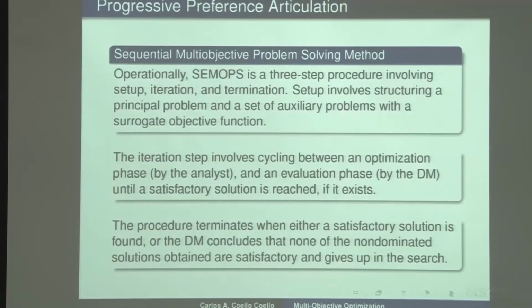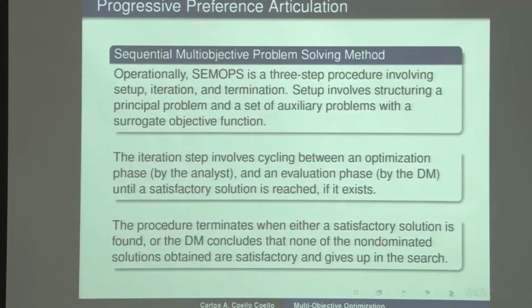So it operates using a 3-step procedure that involves a setup, an iteration, and a termination process. So setup is basically structuring the problem and several auxiliary problems that you have to solve. And for this, it uses a surrogate objective function. Iteration involves cycling between an optimization and an evaluation phase until reaching a satisfactory solution.